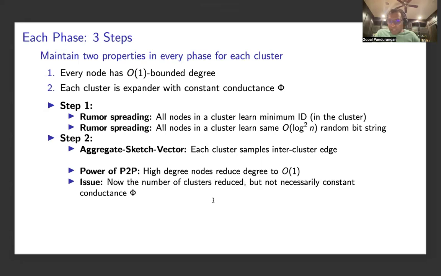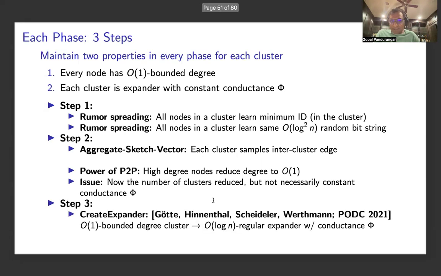And once you have these clusters plus these outgoing edges, this is no longer an expander. Although the clusters at the start of the phase were expanders, once you merge clusters, they are not expanders.